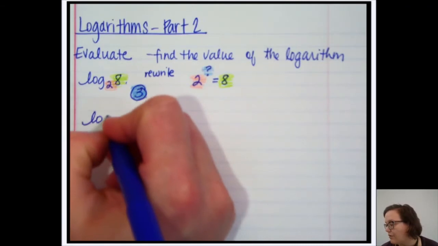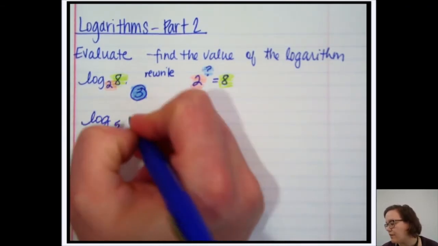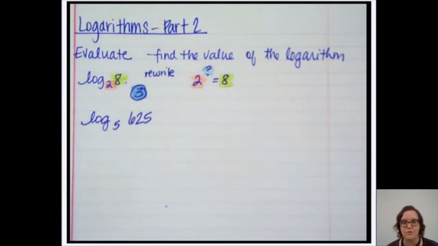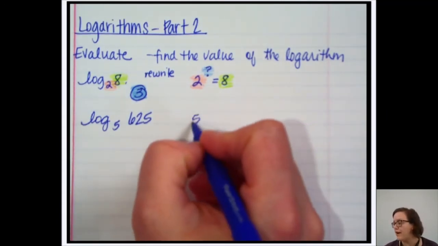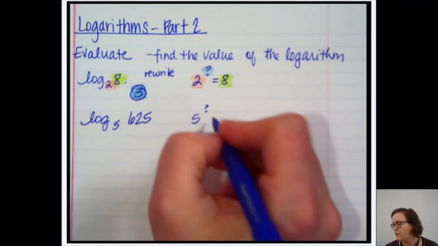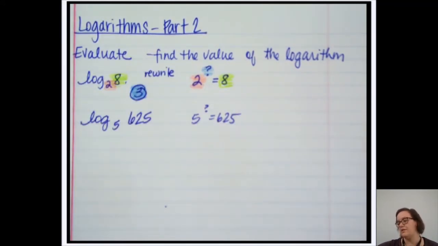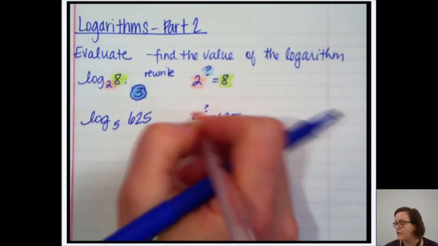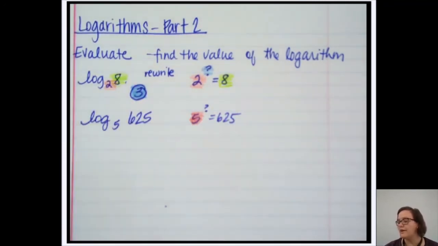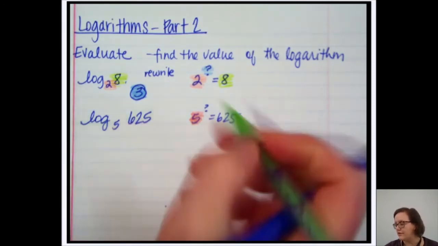So what about log base 5 of 625? We say to ourselves, 5 to the what power is 625. With your chart, with your calculator, and when I say calculator in this part, it's fine to use a calculator to find this.